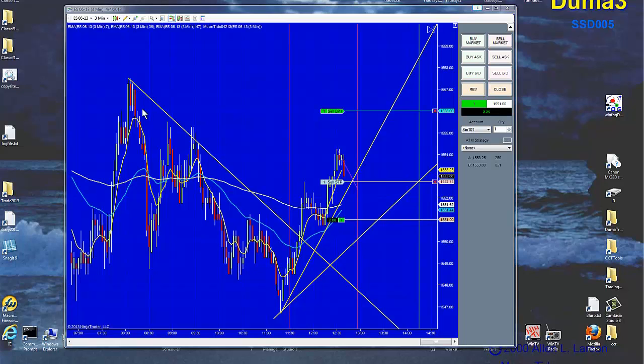Bulls try to rally it, bears try to sell it off. We wind up in a draw here, holding above yesterday's low, although we made some minor pokes at it. Now we're trying to rally again. So basically, the market's really acting like a scared puppy.